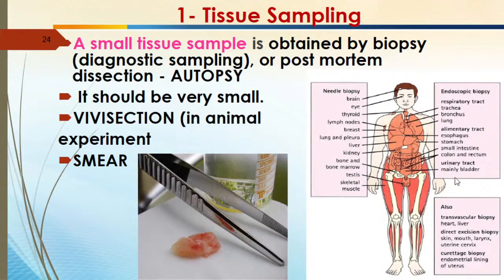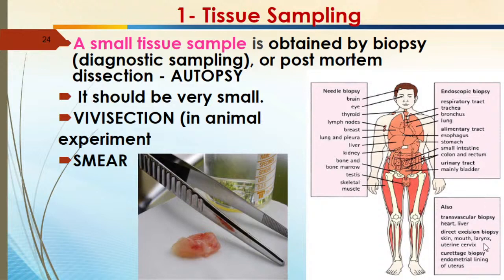And endoscopic biopsy is another method without a needle. In this case, we use a special endoscopic device to take samples in the respiratory tract, alimentary tract, and urinary tract. And after that, also a special transvascular biopsy for the heart and liver.